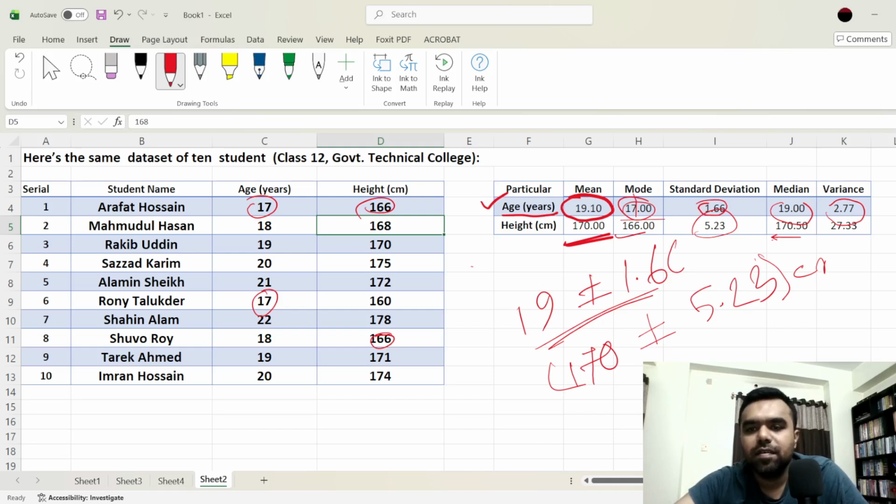The variance means that the value of the age is 2.77 around the mean or standard deviation, and the variance 27.33 means it's around 27.33 centimeter around the mean of 170 centimeter of height.